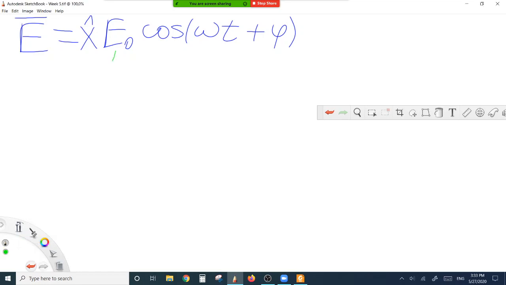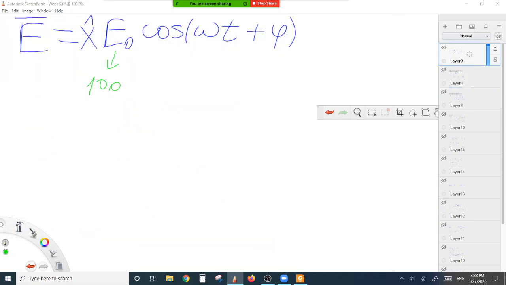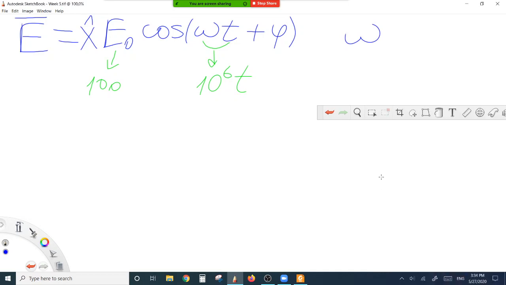From this general form, we found that E0 was 100, and if we look here, we can notice that omega t is equal to 10 to the 6 t, or in other words, omega is equal to 10 to the power 6.